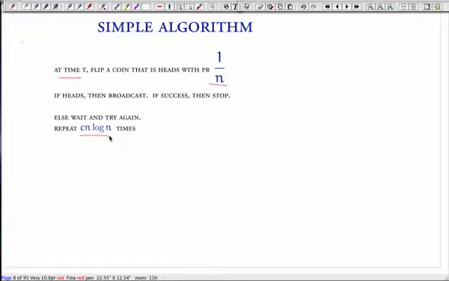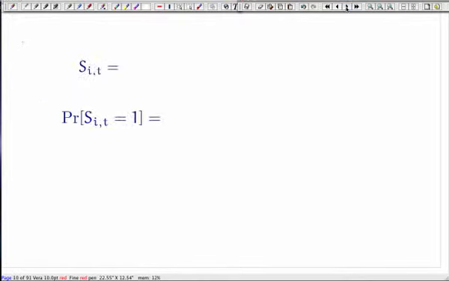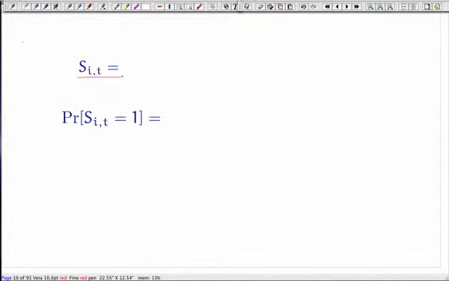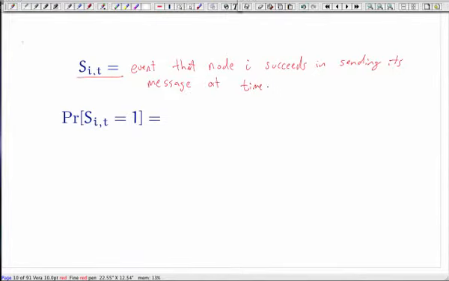And here is the trick. I'm not going to go through the full analysis, but I'm going to give you the highlights of this because I want to cover a lot of cool stuff today. Okay, so here's the basic idea. Let's make this a probability event. S(i,t) is the event that node i succeeds in sending its message at time t.